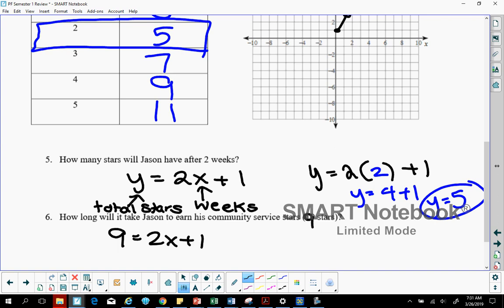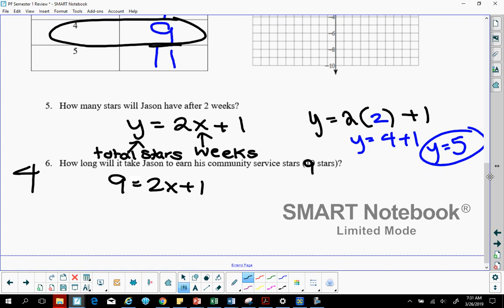You can literally look up here and go, okay, when is he going to have 9 stars? After 4 weeks. Or if it doesn't show up on the table, you just solve for x. I subtract 1 from both sides, I get 8 equals 2x. Then how do I get x by itself? Good. Divided by 2. What do you get?